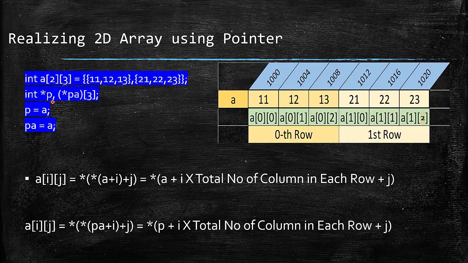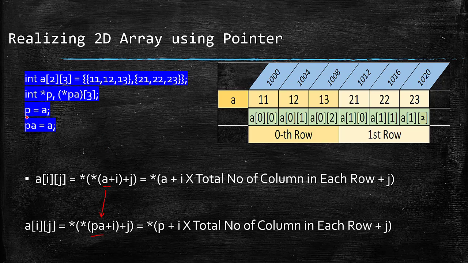P is a simple integer pointer, whereas PA is a pointer to an array of 3 integers. So we can assign the address of the 0th row to PA because their data type is the same, right? Now if we can perform this, we can replace the array name with the pointer to an array, which is what we have done over here.